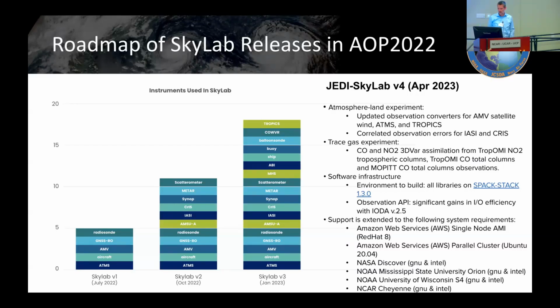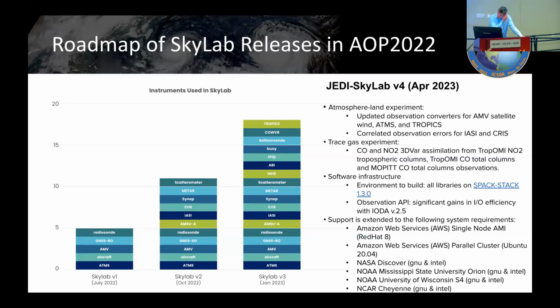So this is a quick recap: Skylab is now released on a quarterly basis. Every quarter we have a roll-up release with all our software, and it's publicly released, all the JEDI software. And we run experiments to show the software is running, and we can analyze the data.